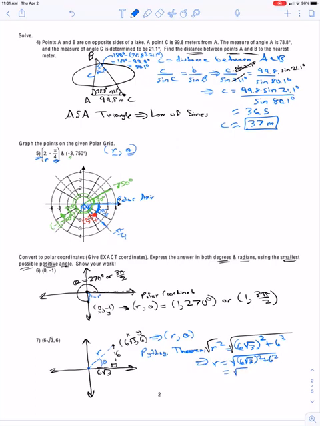Let's go ahead and simplify that. (6√3) squared: 6 squared is 36, times 3, plus 36. And 36 times 3 is 108. 108 plus 36 is 144, and that's a perfect square.